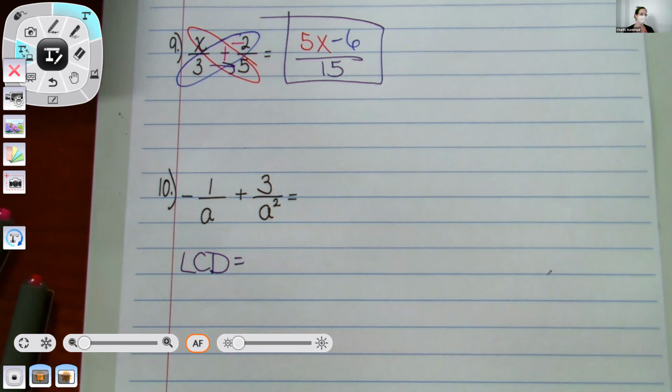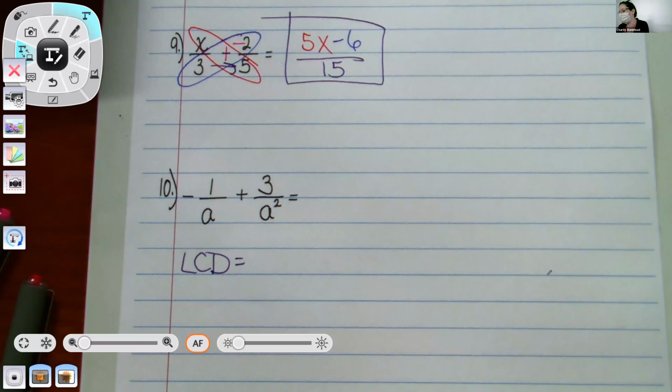A cubed is too big, but you're getting there. A is too small, A cubed is too big. A squared. Right.